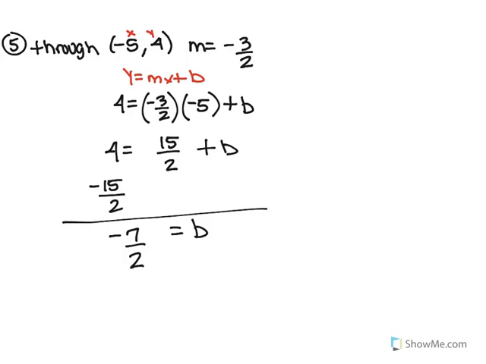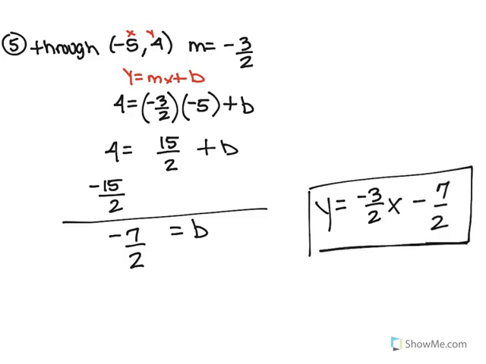Okay? What's our equation? Very good. Y equals -3 over 2 x, minus 7 over 2. And I'm not asking you to graph these, but you can have fractional intercepts. That's possible. We just try to graph all the nice, pretty ones.